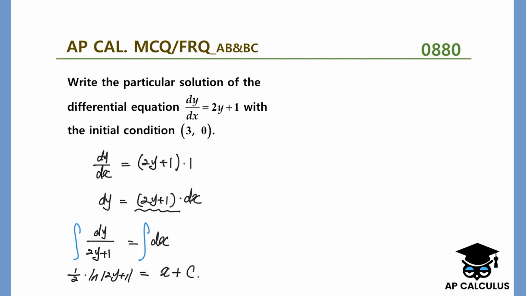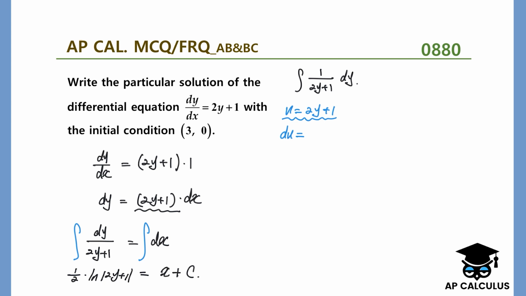If you are confused with this part right here, the antiderivative of 1 over 2y plus 1, you can use substitution. So here we have the integral of 1 over 2y plus 1 dy. We're going to let u be 2y plus 1. Then du, as you see, u is an equation in terms of y, right?